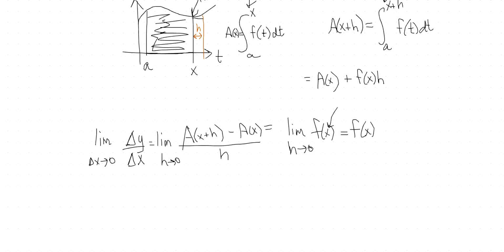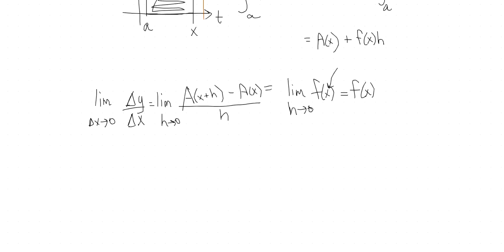Now we can see clearly that the first derivative of my area function is in fact the integrand f of x. So let's write that out. We have f of t dt, and we're going to take the area from a to x. Now this is called the integrand, the f of t specifically. And we know that this is equal to the area up to the limit x. And we're going to take the derivative of this with respect to its input x.